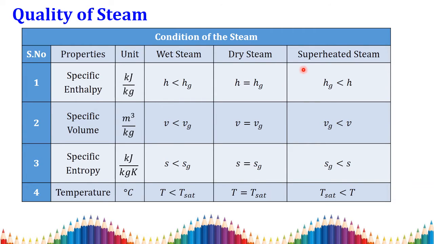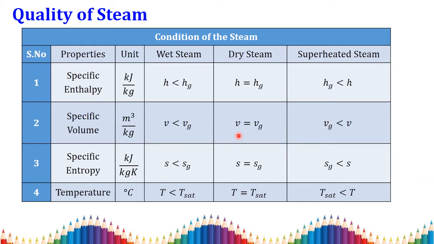Then, if it is superheated steam, the specific enthalpy of the saturated vapor is lesser than your given enthalpy. This will be applicable for specific volume also. For instance, if the given specific volume is lesser than the saturated specific volume of the vapor, then it is called wet steam.